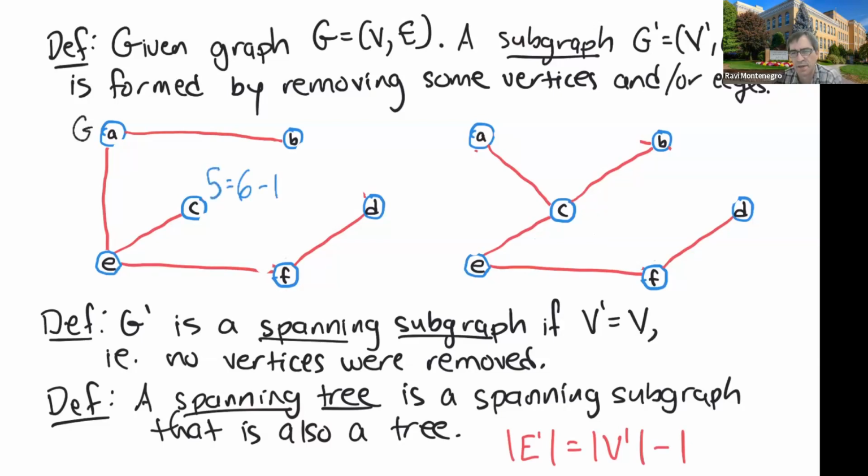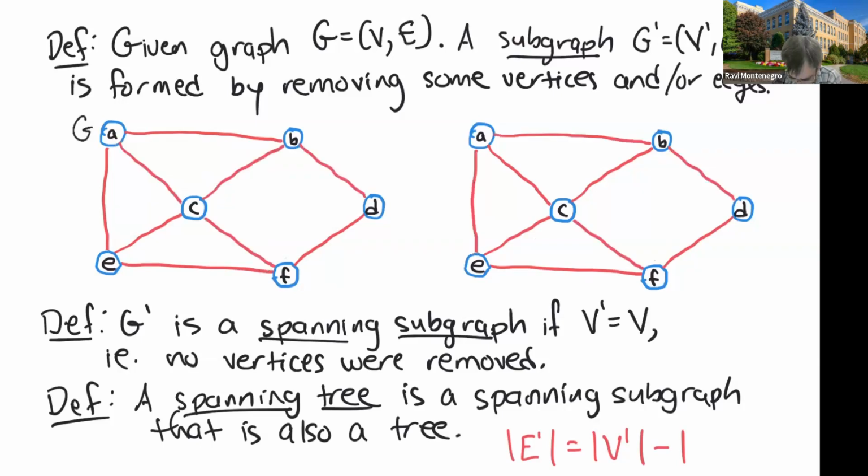Looking on the right, same story, 5 edges, 6 vertices. And recall that this is a property of trees. If you have a connected graph where the number of edges and vertices have this relationship, then it is automatically a tree.